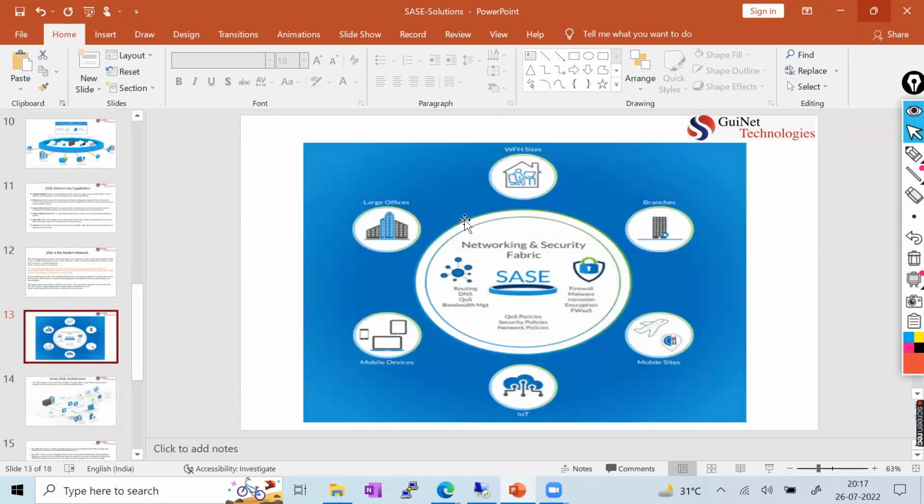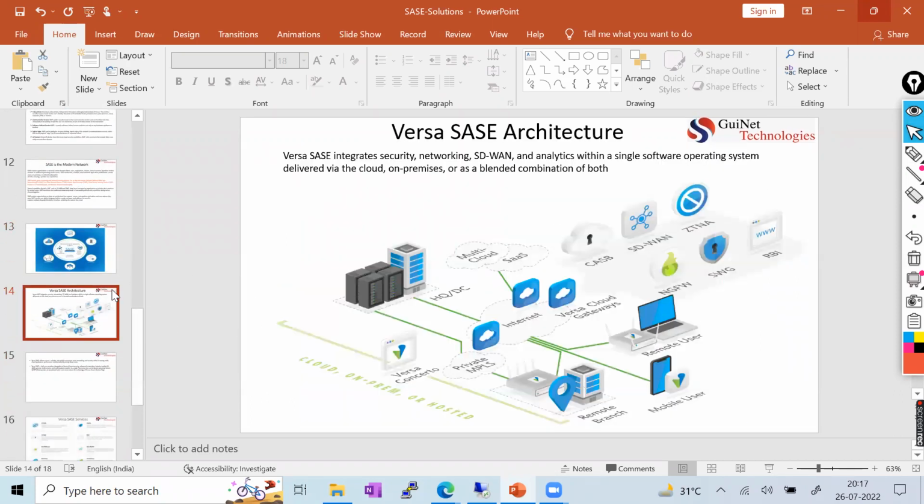Now, let me go through a little bit about the vendor specific SASE architecture. So this is the Versa solution, right? Versa has a similar kind of solution. You can see CASB, SD-WAN, GTNA, next generation firewall, secure web gateway, and remote browser isolation.